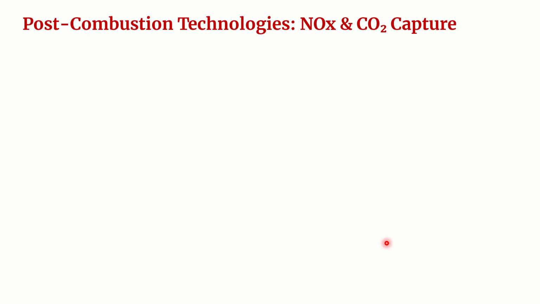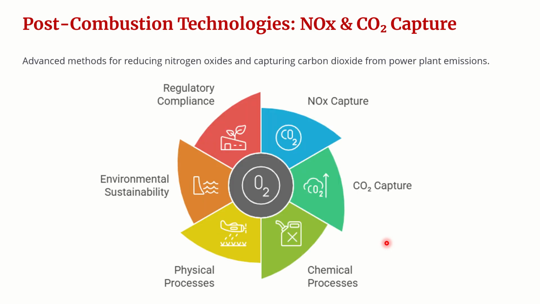Then these post-combustion control techniques also involve nitrogen oxides control and also carbon dioxide capture. These are advanced methods for reducing nitrogen oxides and also capturing carbon dioxide from power plant emissions. Nitrogen oxides control, so this involves selective non-catalytic reduction.